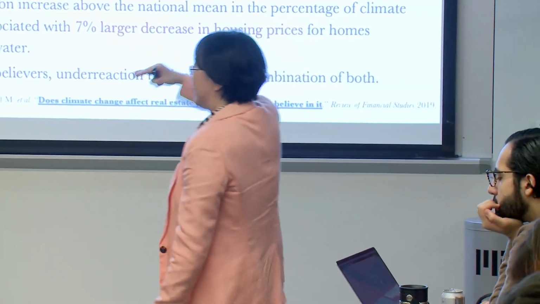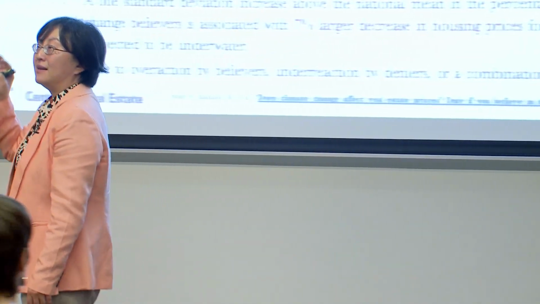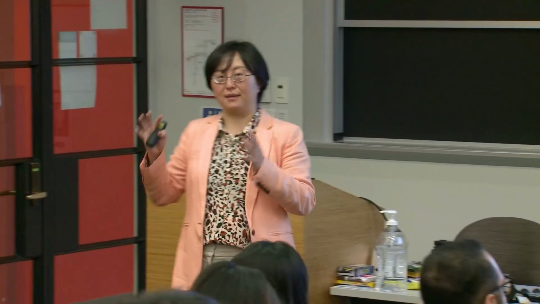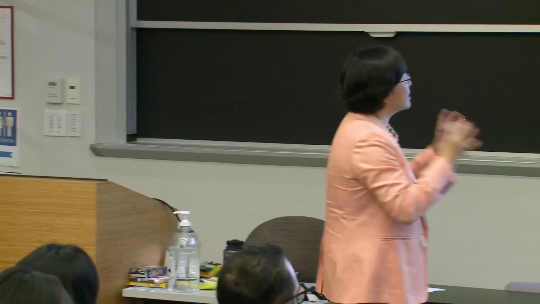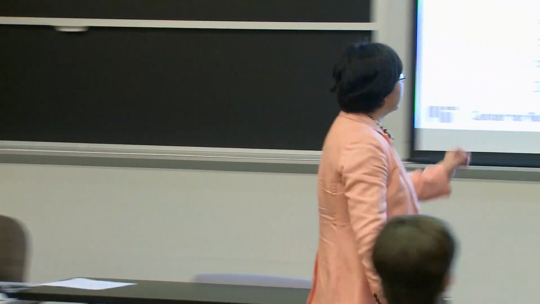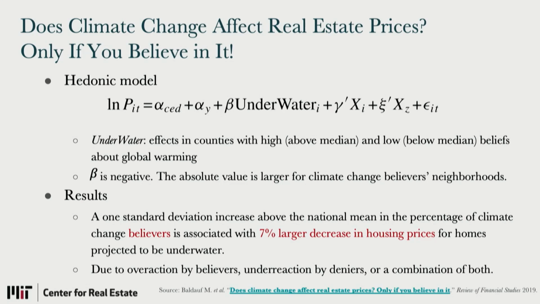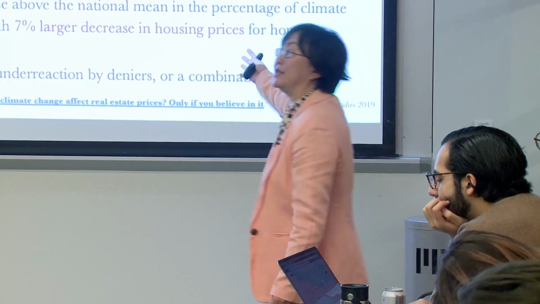Above the median belief, they call this community believers. Below the median value, they call them deniers. So compare these two. The believer community is associated with a 7% larger decrease in housing price. So that's the finding. It's very intuitive, right?